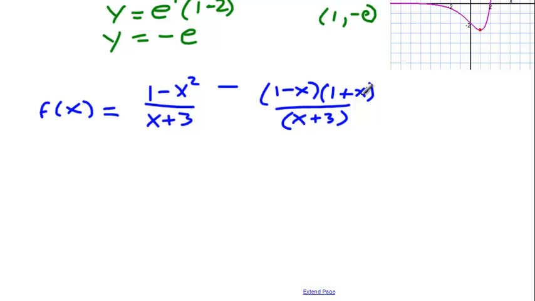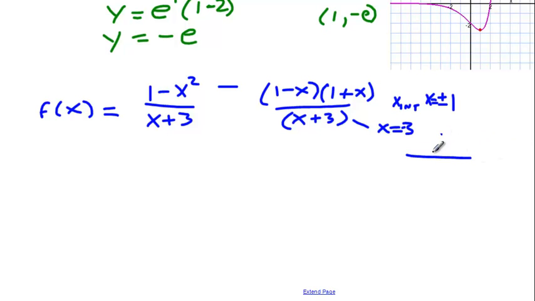So what makes 0? My favorite question to ask my students. Okay, what makes 0? We've got x-intercepts at x equals plus or minus 1. We also have what makes 0 down here. Well, that means we have an asymptote at x equals negative 3.